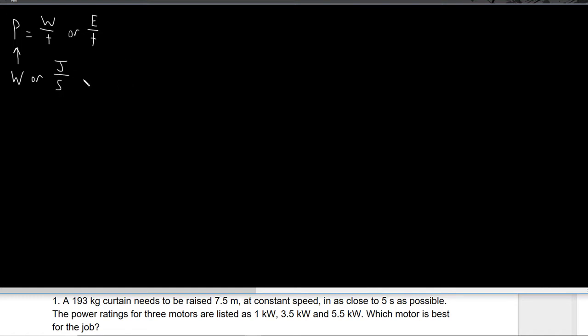And then we could go even farther, and we know that joules are kilograms meter squared per second squared, per second. So really, they're kilogram meter squared per second cubed. I would say this definition here isn't all that useful, but joules per second or watts, that makes perfect sense.